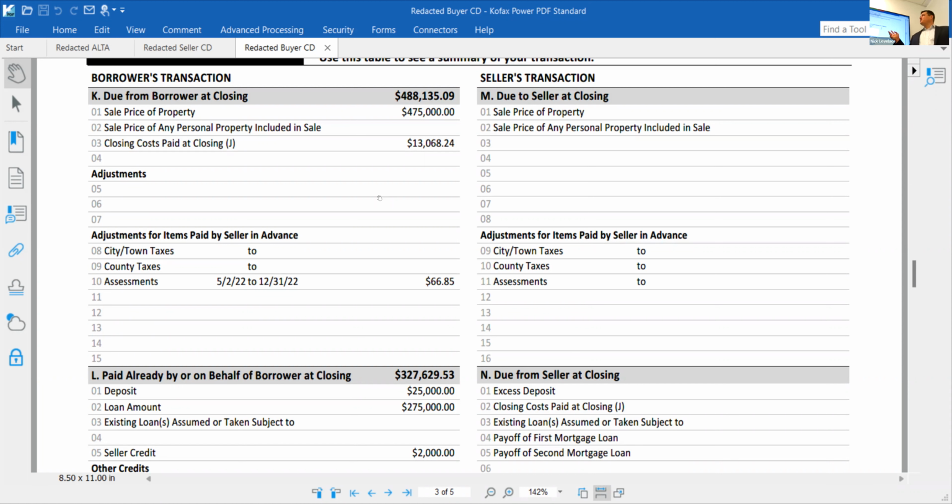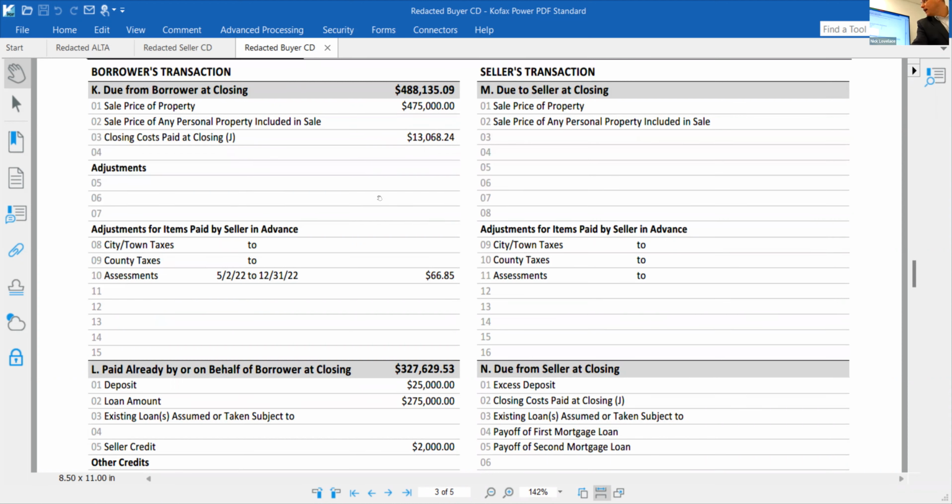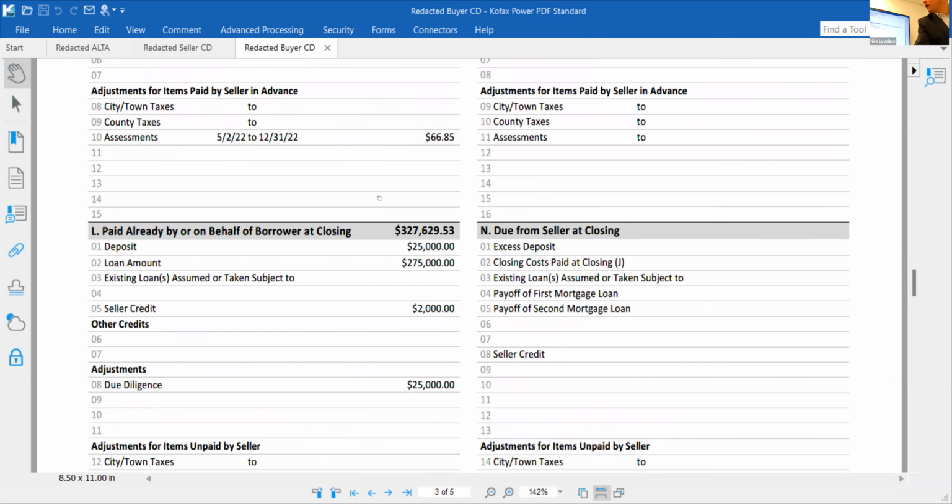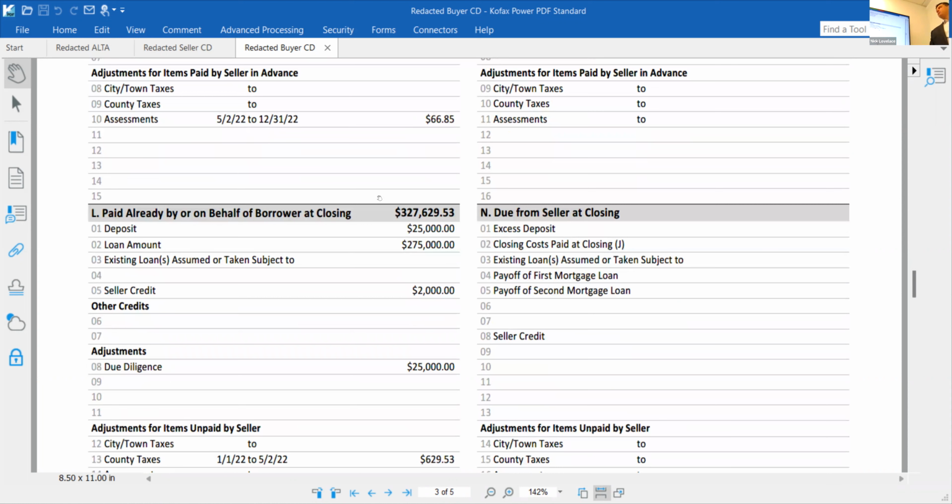On the buyer's transaction side, I tell folks section K is everything you're paying out. So if you're paying out your purchase price, your closing costs, the HOA privilege, that's everything that's outgoing. Again, that's that debit number from the other document. And then what you paid already, it says paid already or on behalf of borrower.